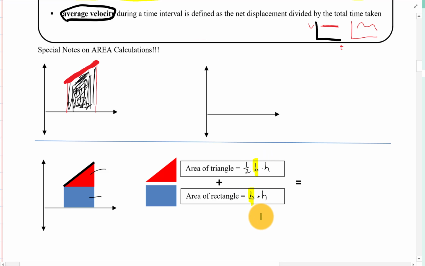Can someone identify to me what this height is and what this height is? This is the height of the blue box, which is this red line. What's the height of that red line? The height of that red line is that point, which is the initial velocity.